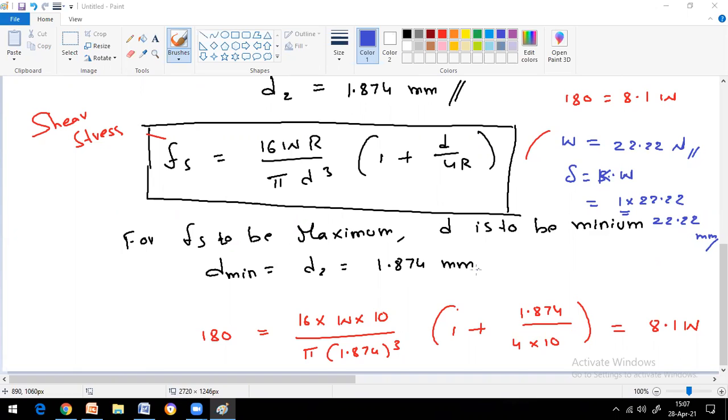Right, now show me the problem. Sir, the deflection formula, W by K? No, K into W. Stiffness equals load by deflection, sir.